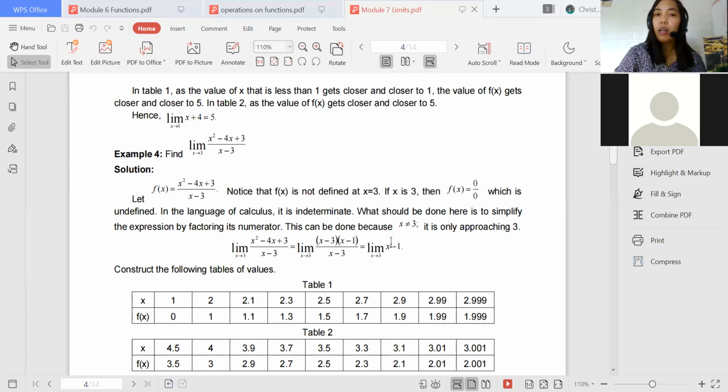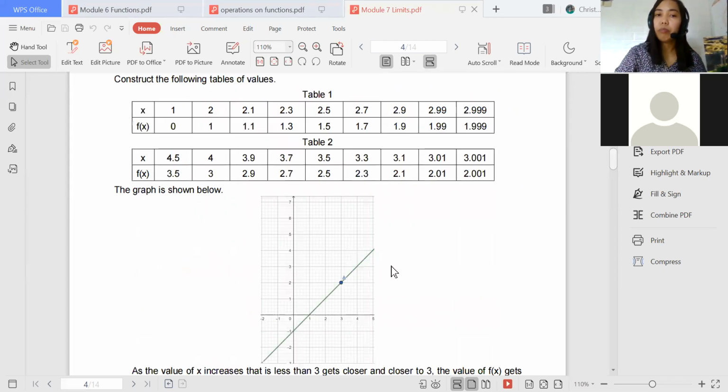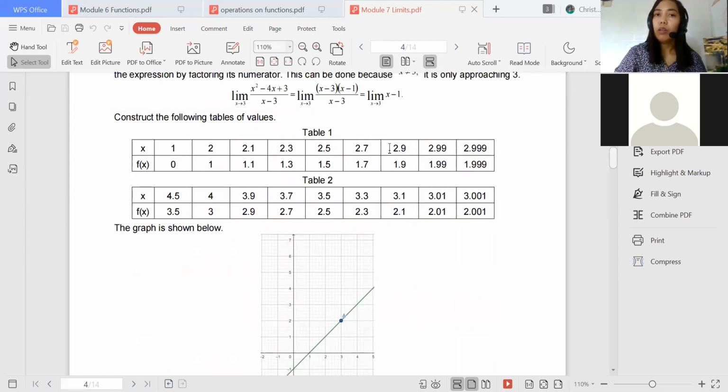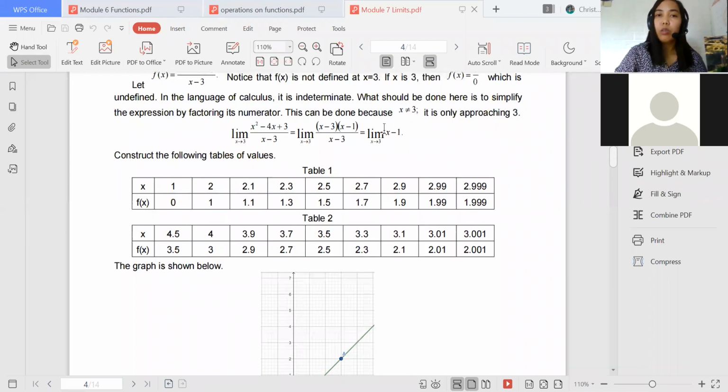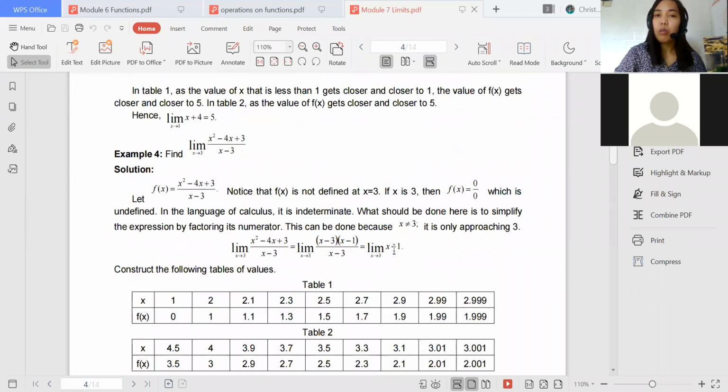So kapag ginraph natin to class, it's a line. Ito na siya. Okay, the y-intercept is negative 1 and the slope is 1. Okay, so dito na tayo. You can now use direct substitution kasi wala nang restriction sa linear function.